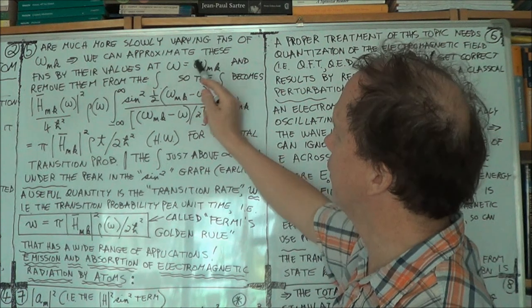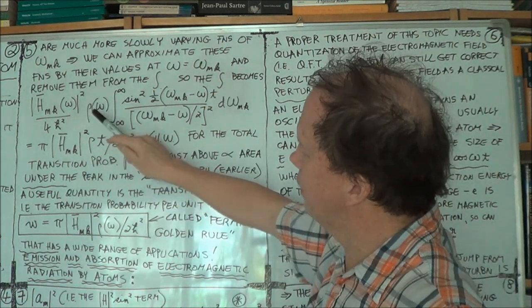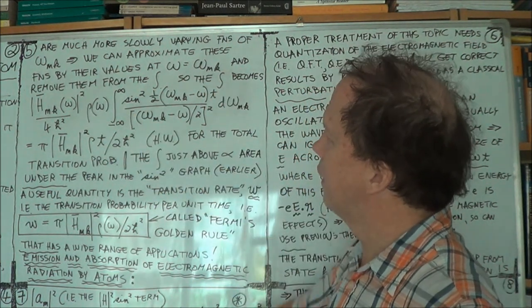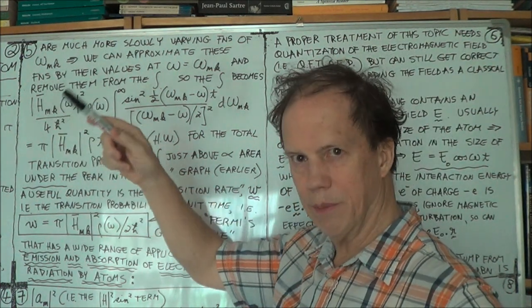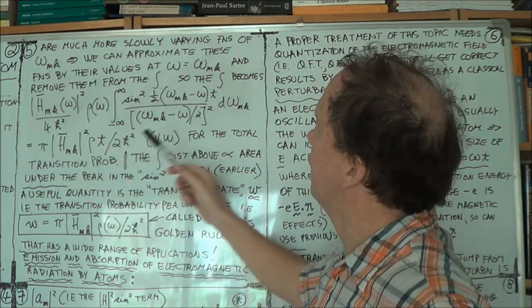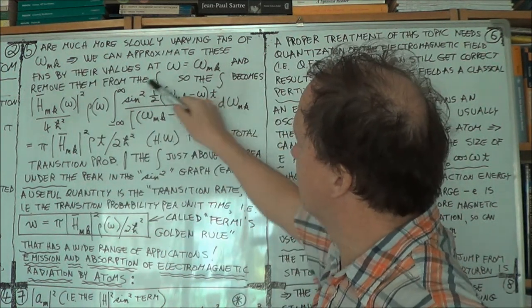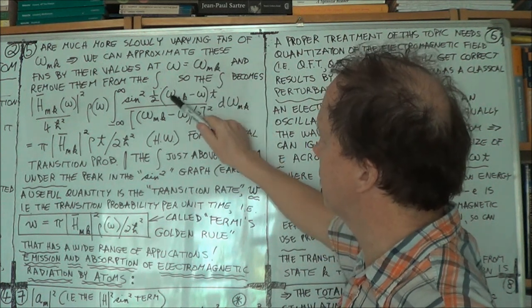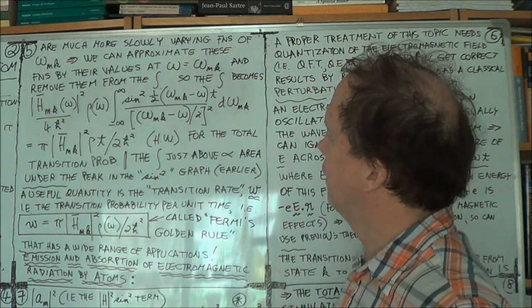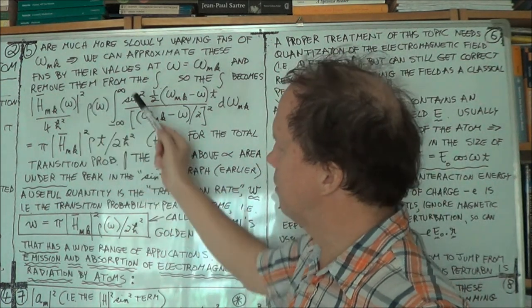You can put this value here, because they're not going to change much as your omega moves away from the value omega_mk, because this term peaks so strongly when omega equals omega_mk. So these two terms you can take outside.